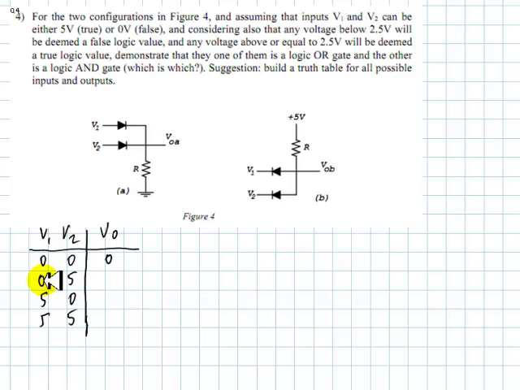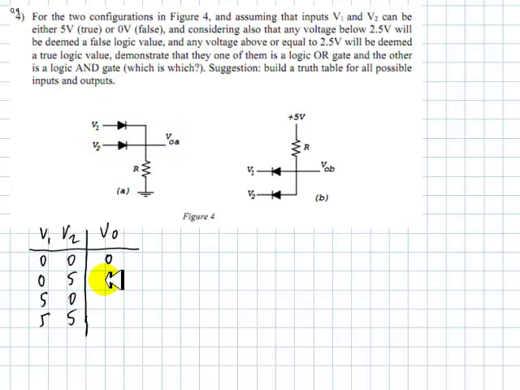Now, if one of them is false and the other is true, well, I apply 5 here on V2. I'm going to assume that this closes, because 5 and 0 down here, the current is going to flow like that, that's right. What about the 0 here? This is connected to the reference. Now this is a wire, all of this is at 5. 5 here, 0 here, this will remain open, no problem.